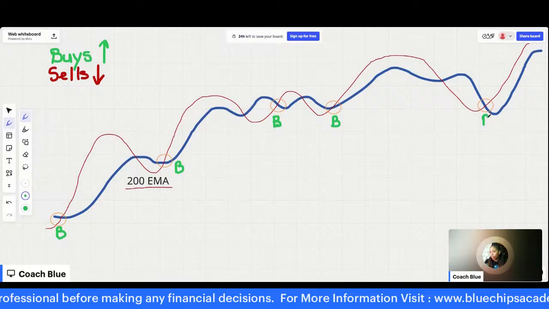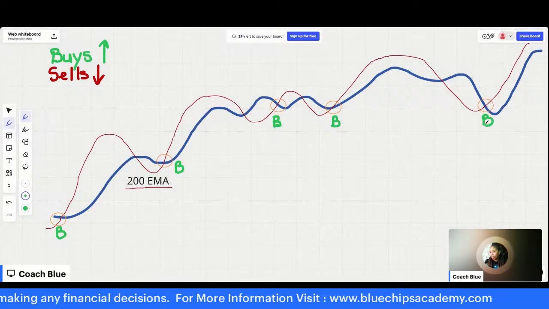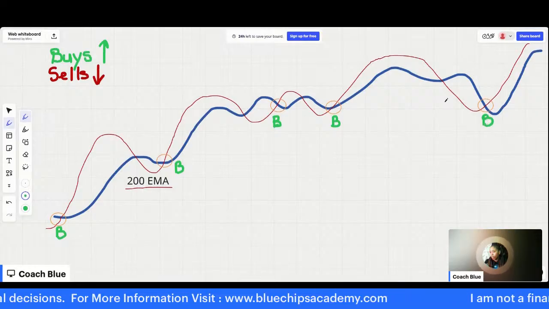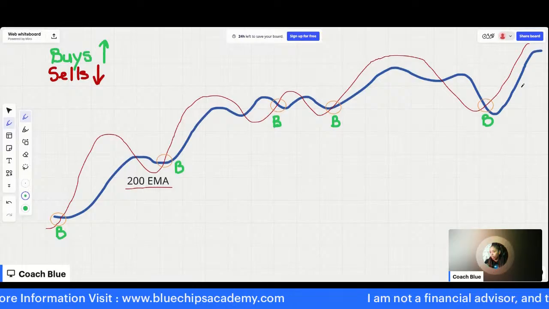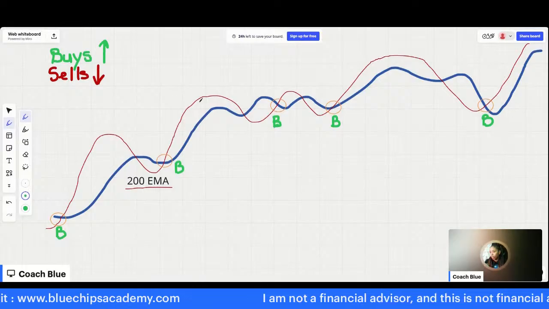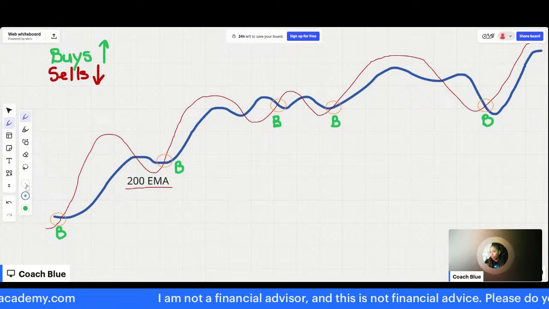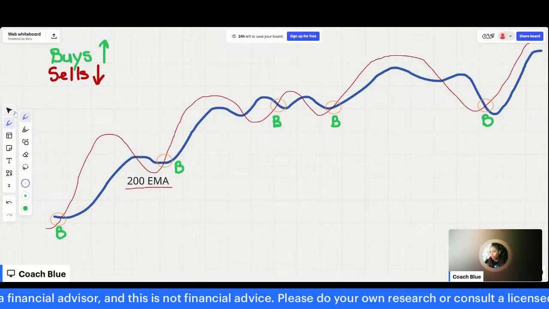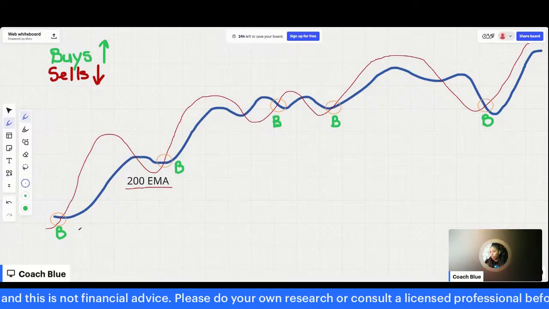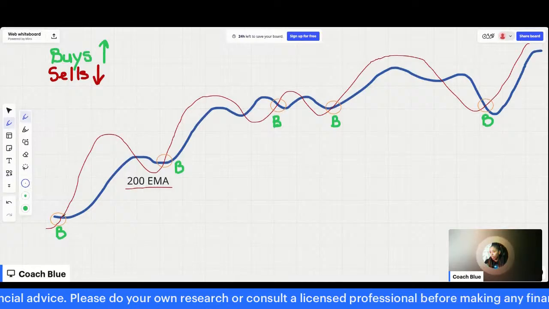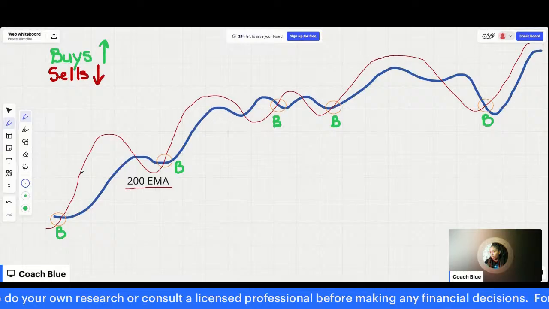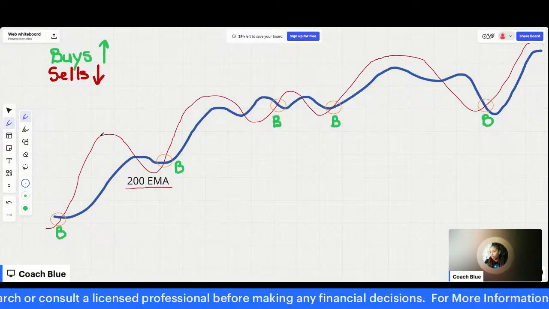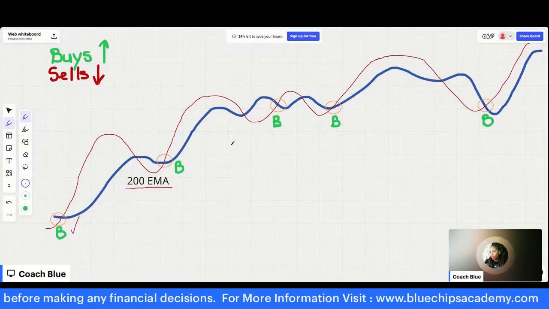You want to catch the crossover at the bottom because that's where the strong moves happen. Those are normally coming from your pullbacks to push to a higher level. So let's highlight which ones were wins and which ones were possibly losses. This crossover that happened here moved up nicely, so this was a win.